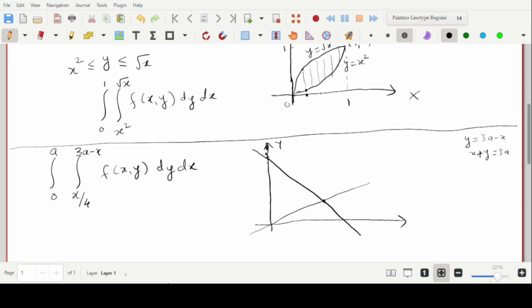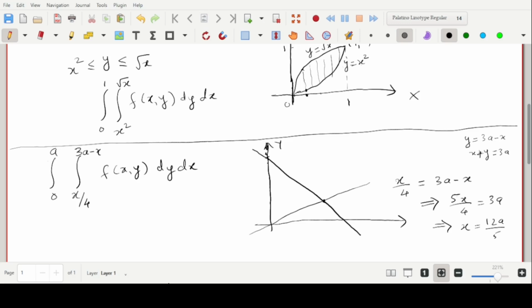So since the y coordinate of these two lines is the same, we can write x over 4 equal to 3a minus x, which means after solving for x we shall get 5x over 4 equal to 3a, and then this will mean x equal to 12a divided by 5.